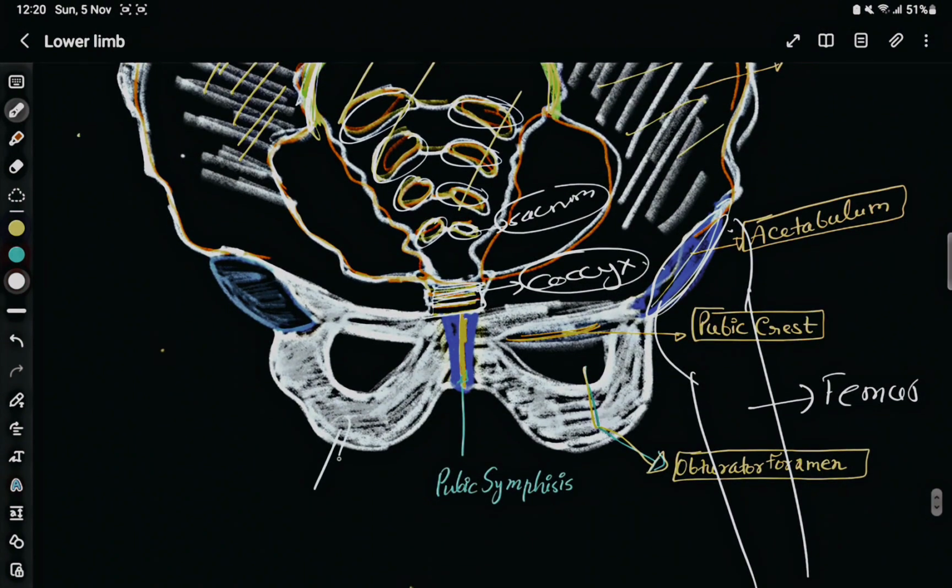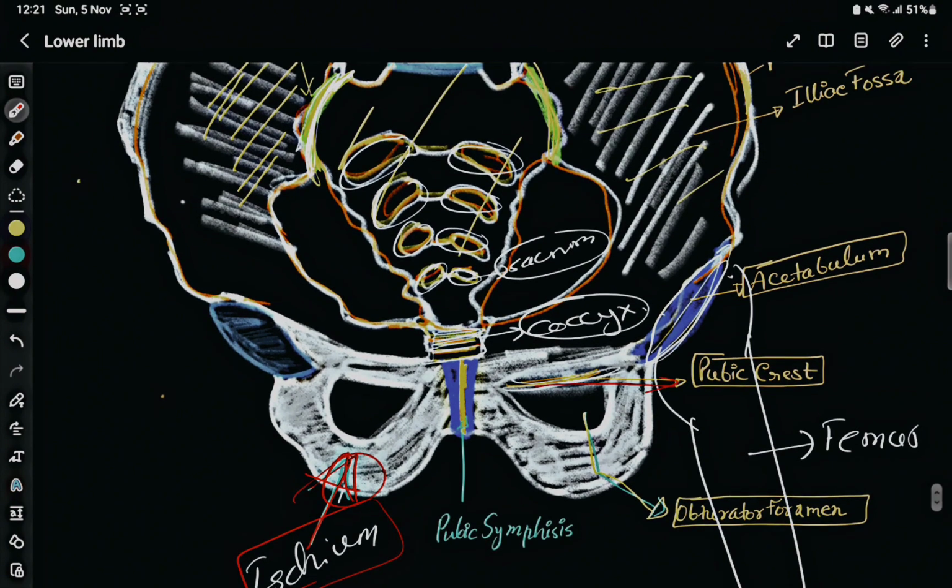And you can see this is the ischium. Actually this part is called the ischium and this part is called the pubis. This part, well, I'll draw in red, you can understand. This part is called the ischium, this part is called the pubis. And look, one pubis, two pubis, one pair of pubis joining by how? The pubic symphysis.